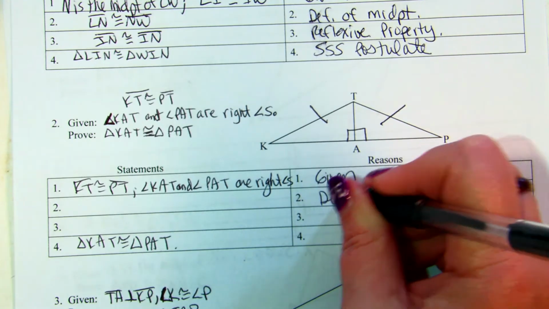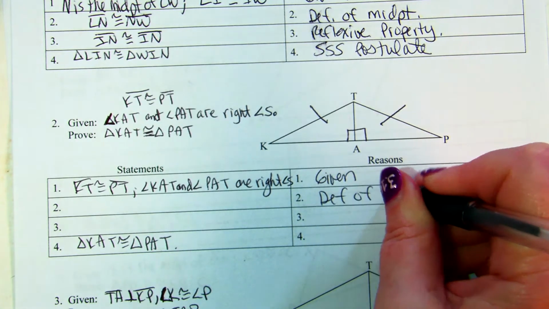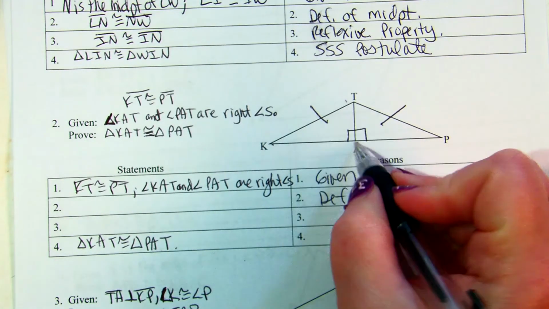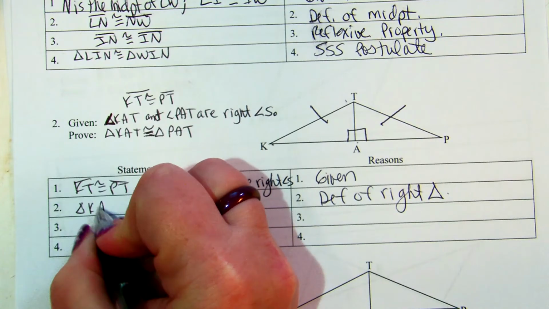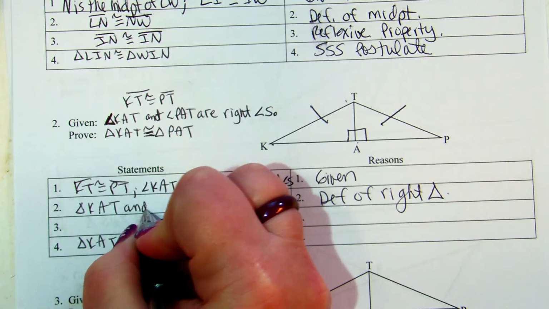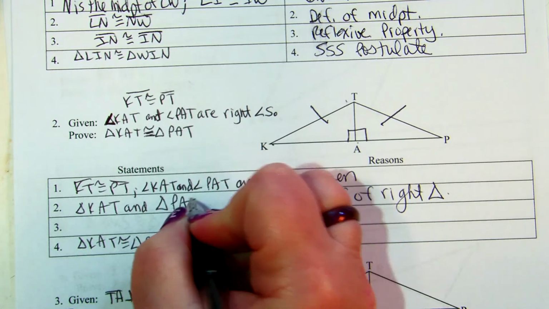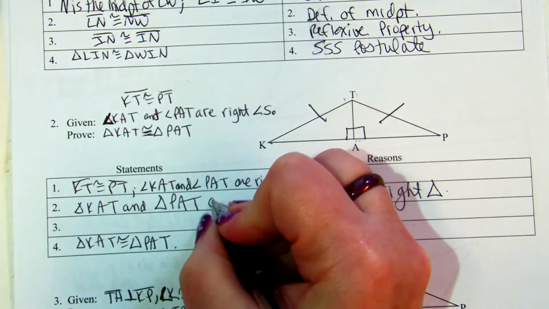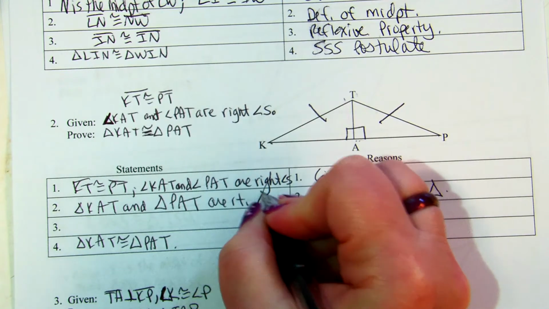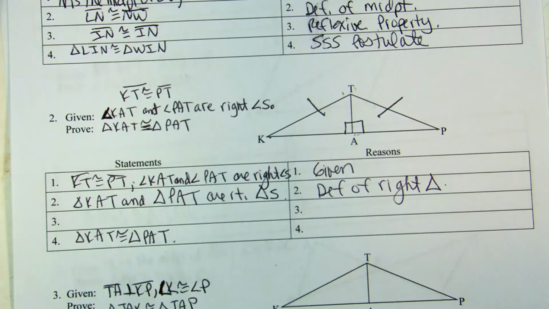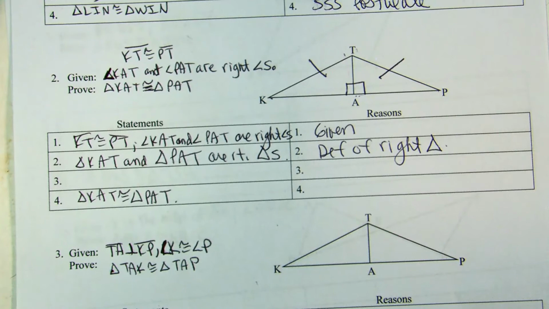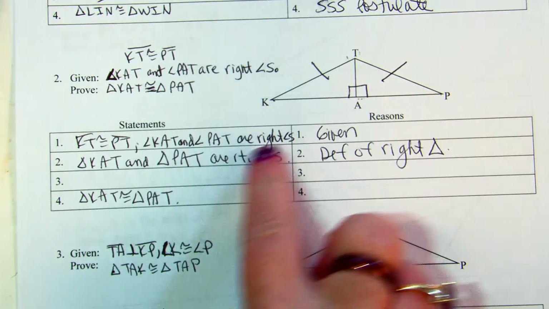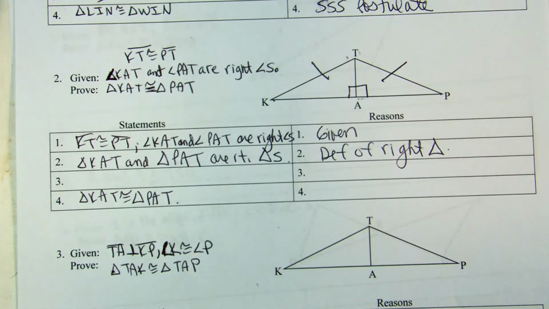And if we use definition of right triangle, triangle KAT and triangle PAT are right triangles, because right triangles are triangles with one right angle, and they have these right angles, KAT and PAT. And then what's the other side we can mark?